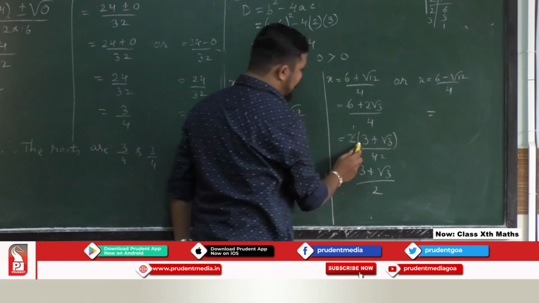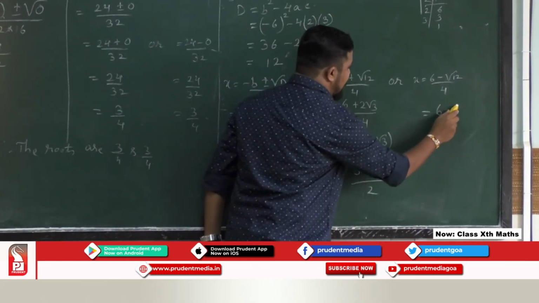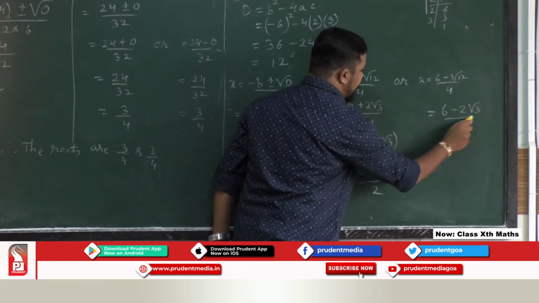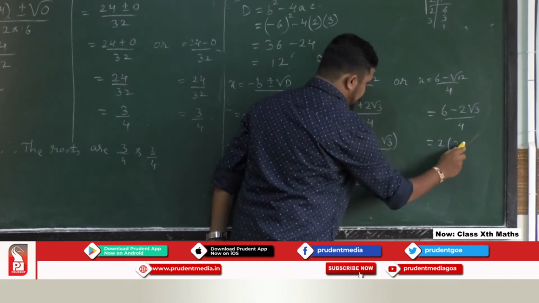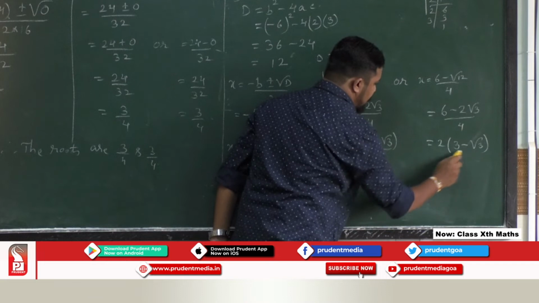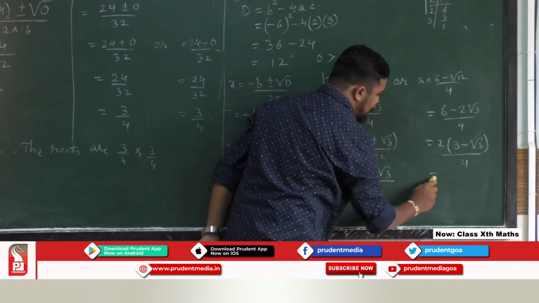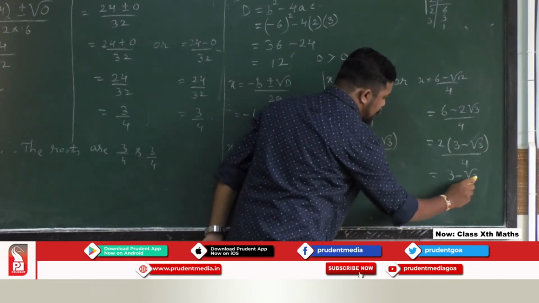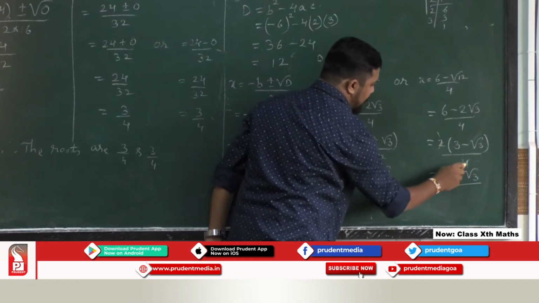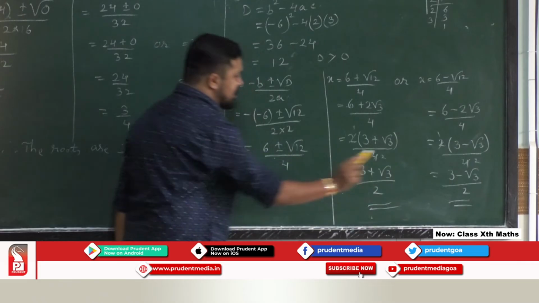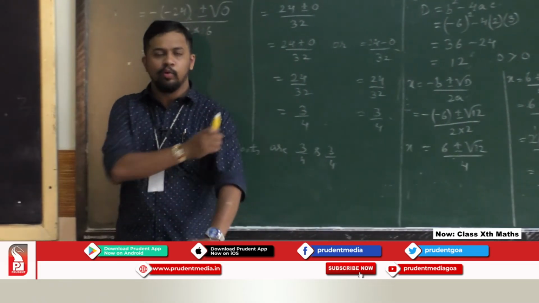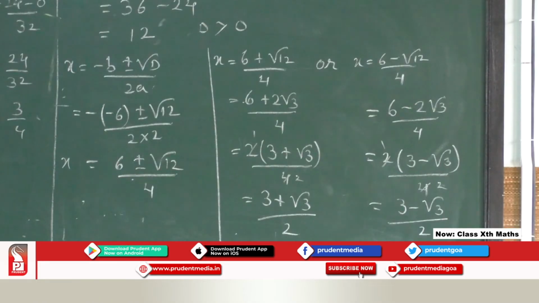Same way I will write here: 6 minus 2 root 3 upon 4. Find common: 3 minus root 3 upon 4, so 3 minus root 3 upon 2. Therefore, the roots are 3 plus root 3 by 2 and 3 minus root 3 by 2.